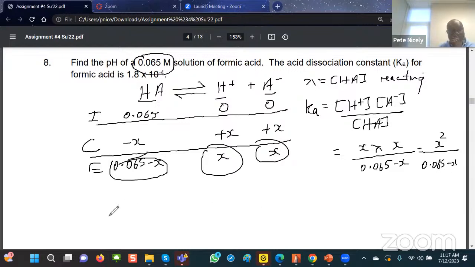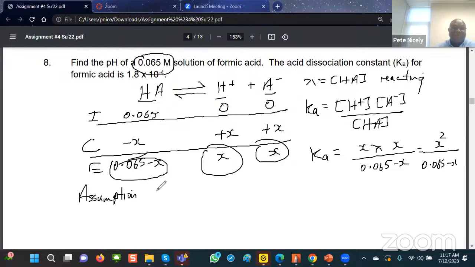Okay. So at this juncture, in order to simplify things a bit, make life more convenient, we can make an assumption here. And this assumption is based on the fact that the acid that we're working with is a weak acid.